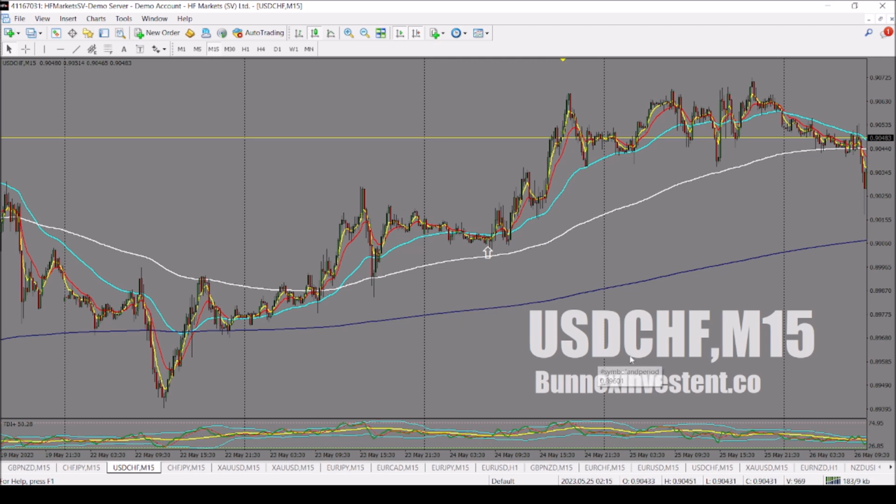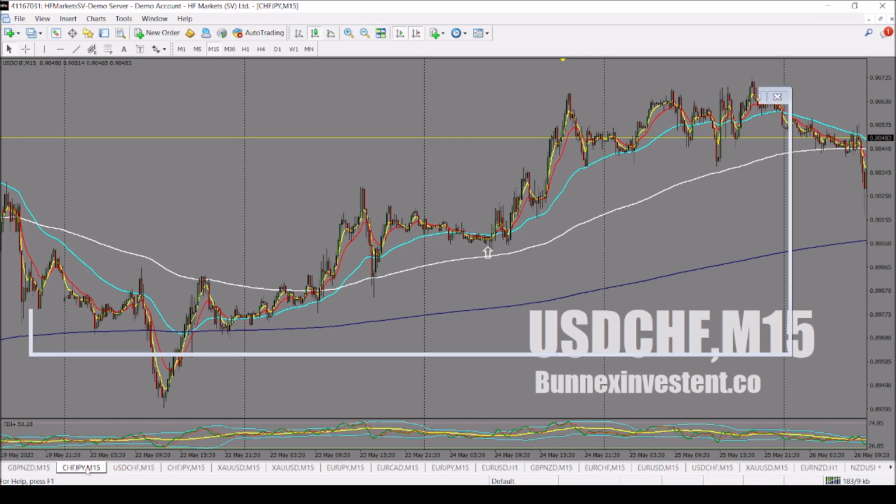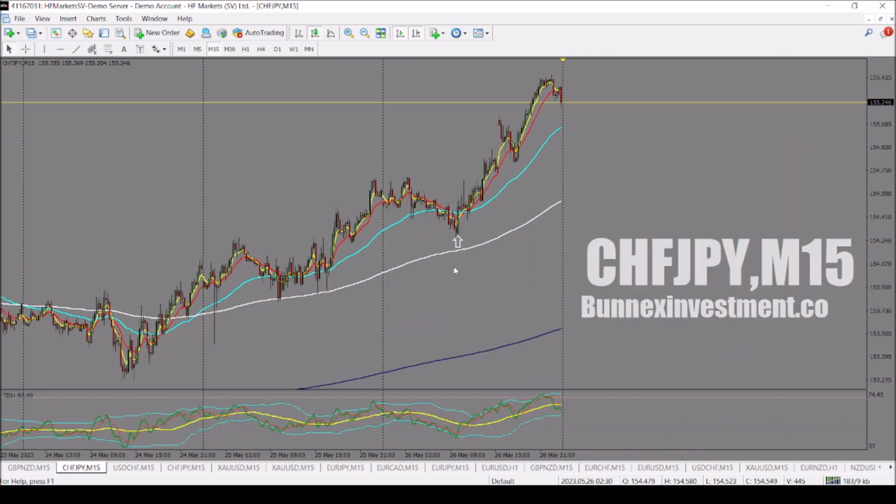This is USD against CHF. I want you to spot what has happened prior to me putting this arrow to the upside. And you can see as well on CHF JPY, we have an arrow, right?